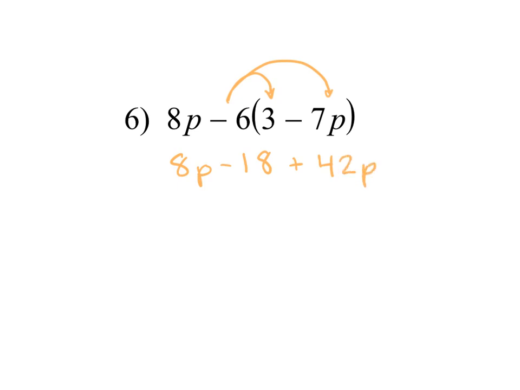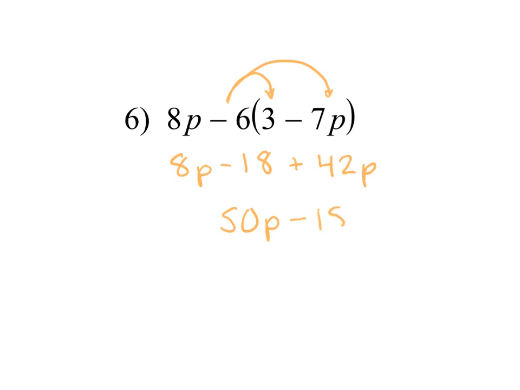Now what do we get when we combine our like terms? 50p. What else? Just 50p? Minus 18.